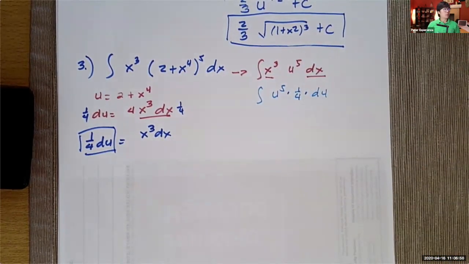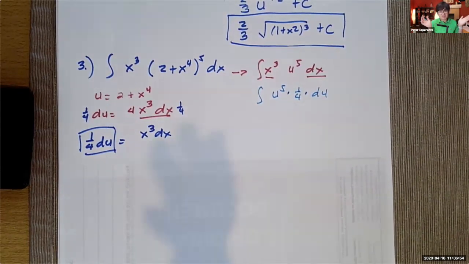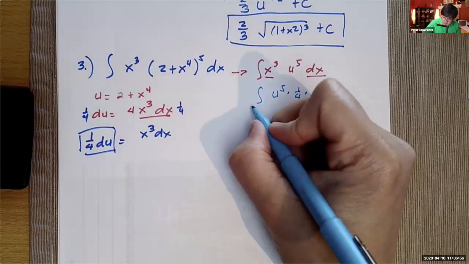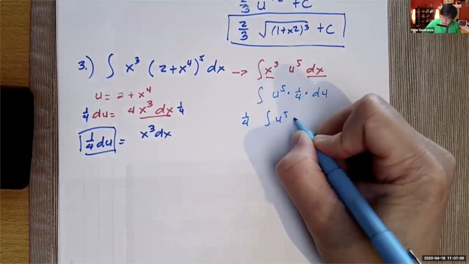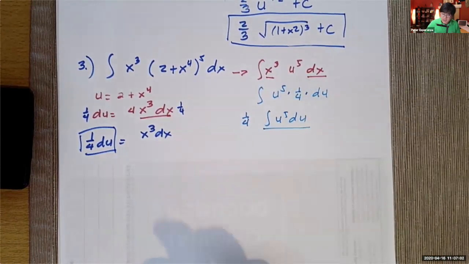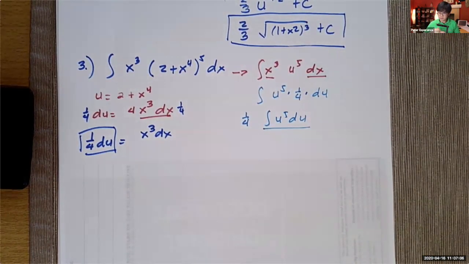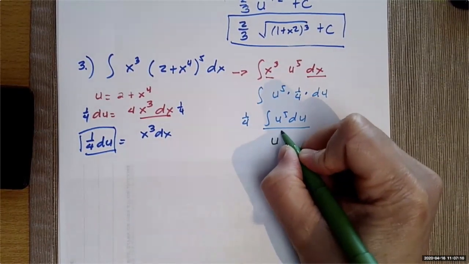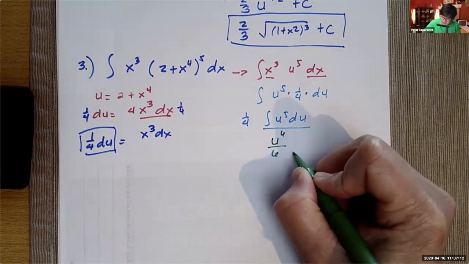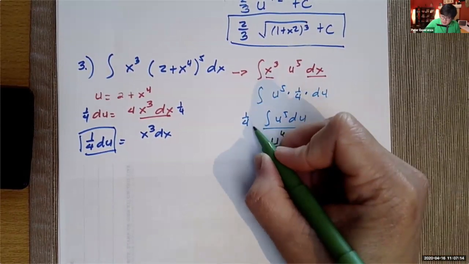So what do we know about the constant rule? Ignore it for a while. Put it outside and focus on u to the 5th du. And what is the antiderivative of u to the 5th du? U to the 6 over 6 plus c, but we have a 1/4.